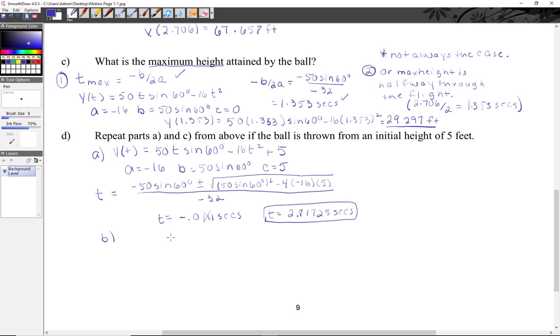So we can just go ahead and do x at 2.81725 equals 50 times 2.81725 cosine 60 degrees. All right, and so that will give you 70.4313 feet.